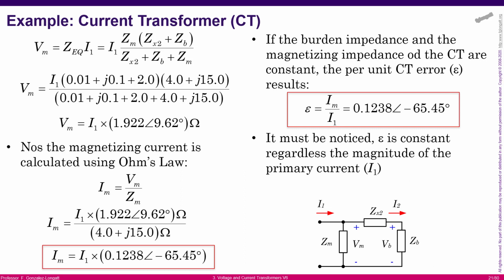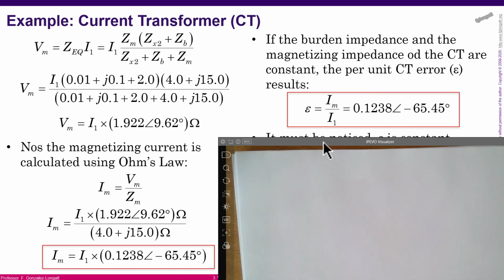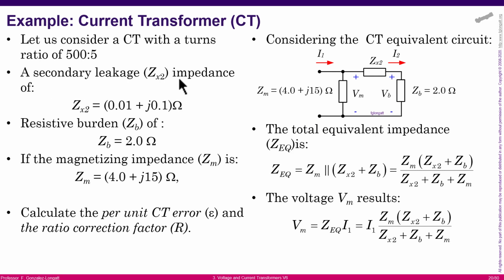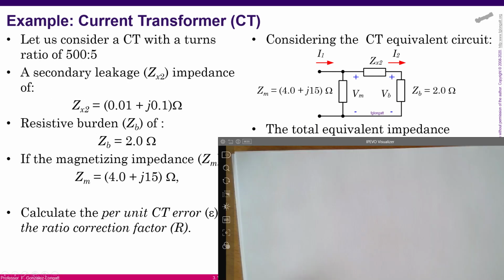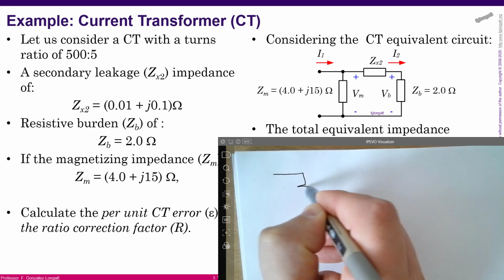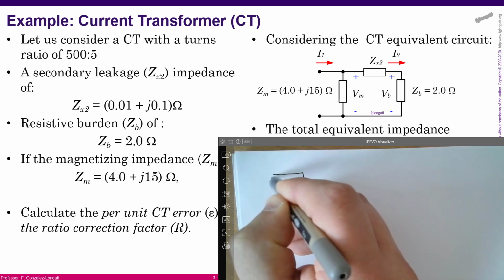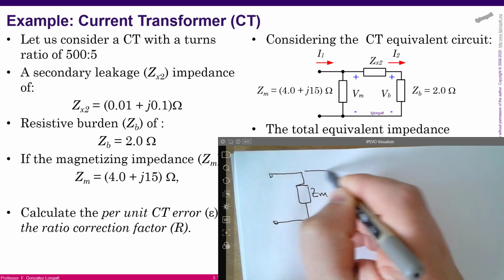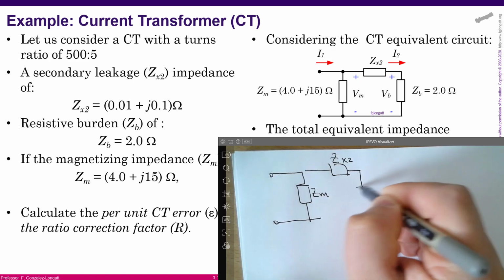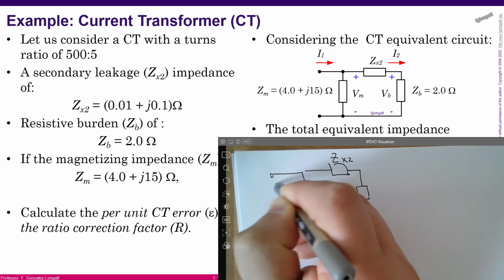Okay, let me try to put in context what I am trying to explain. If you remember, the equivalent circuit of the current transformer is defined by a magnetizing branch, and here we have the burden.